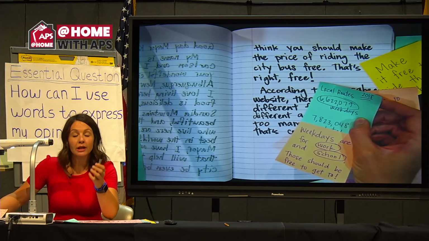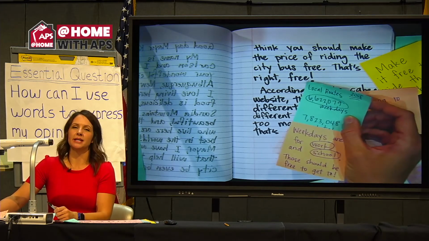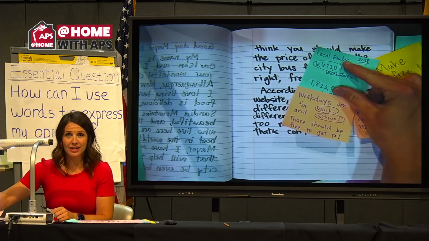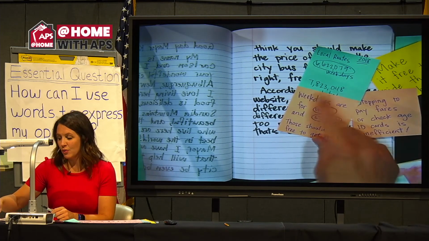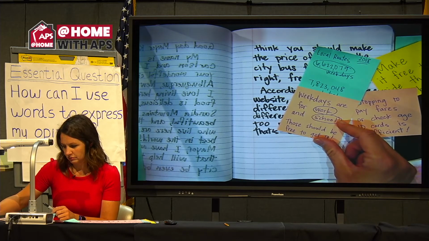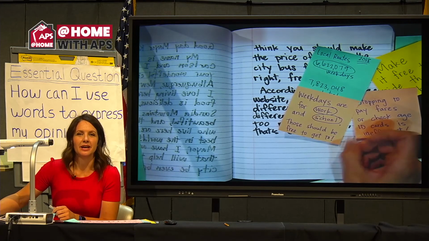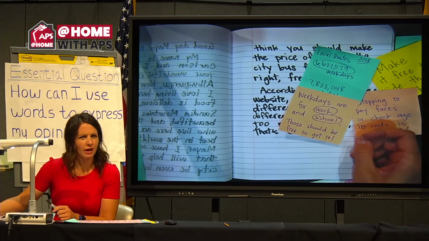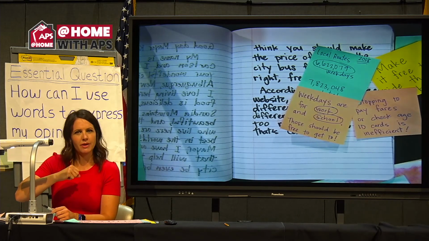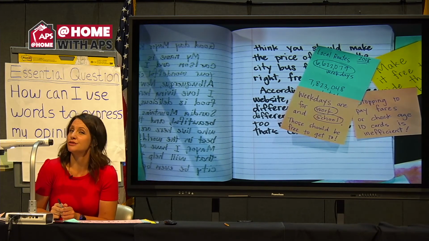The majority, the most people, rode it on weekdays. Well, friends, that is evidence, but my reason is that weekdays are for work and school. Those should be free to get to. You shouldn't have to pay to go to your job or to school. Come on, Mayor Keller, let's make the buses free.